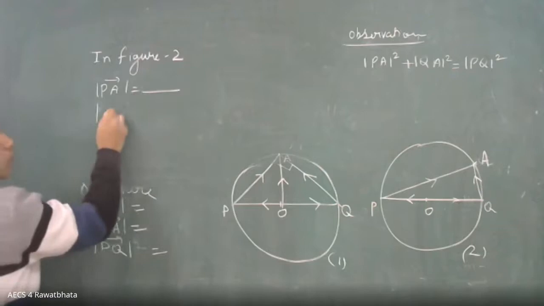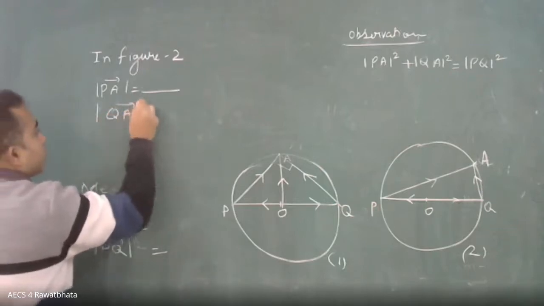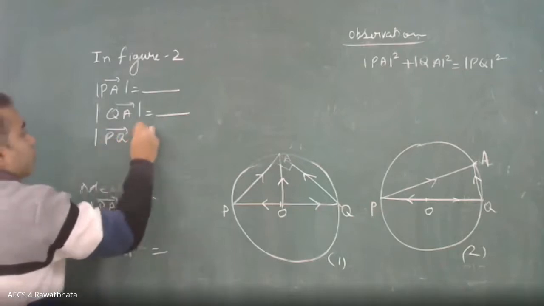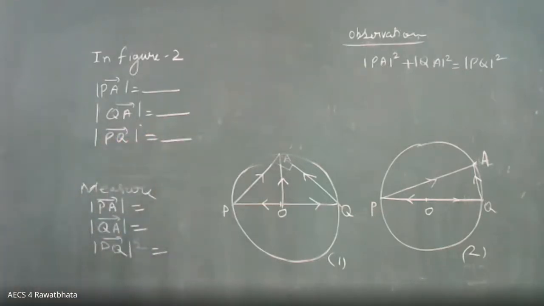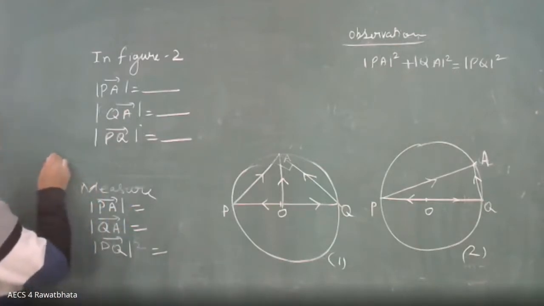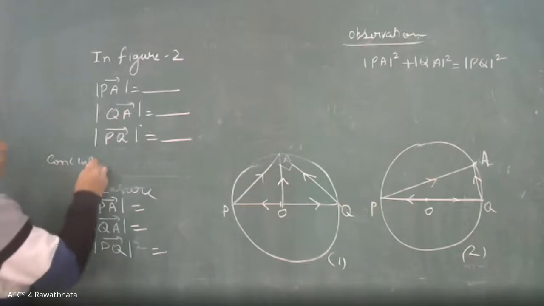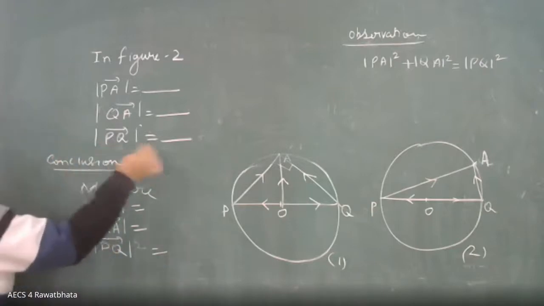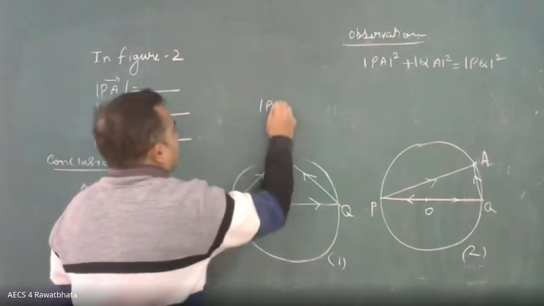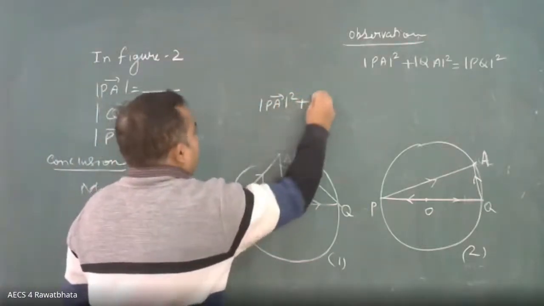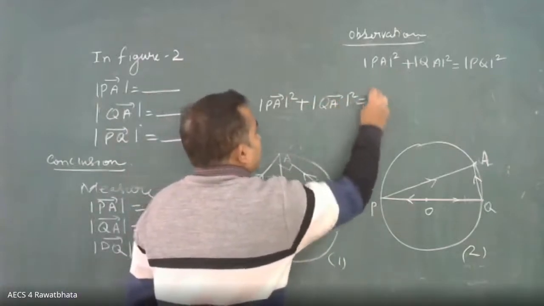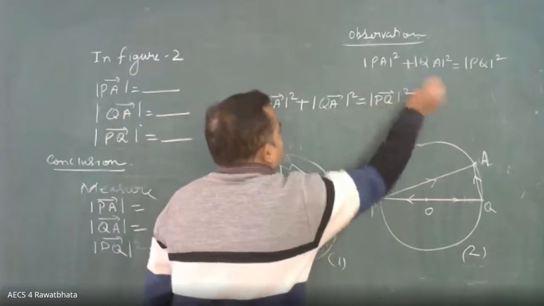You measure QA vector, magnitude. You measure PQ vector, magnitude. And hopefully here also, because this PQ you have taken as a diameter in the beginning only, you can write in the observation that magnitude of PA vector square plus magnitude of QA vector square is magnitude of PQ vector square.